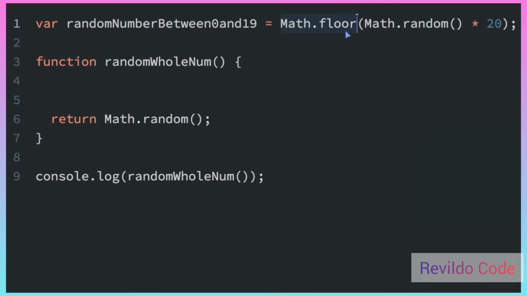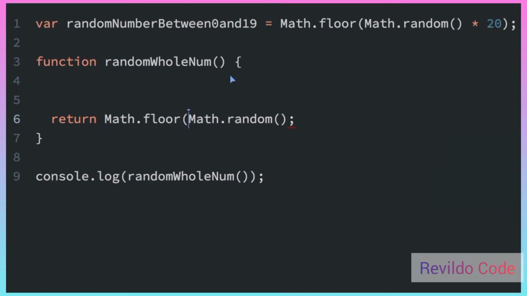So let me show you another example where we're going to get a random whole number between 0 and 9. It's going to look just like this. So we're going to modify this function. So this Math.random, we're going to pass that into Math.floor.